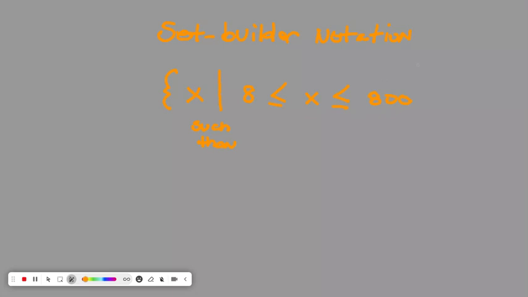So in set builder, we're saying that the elements of the set, whatever they are, x, any element in the set x, such that, not such then, such that, x is greater or equal to 8, but less than or equal to 800.